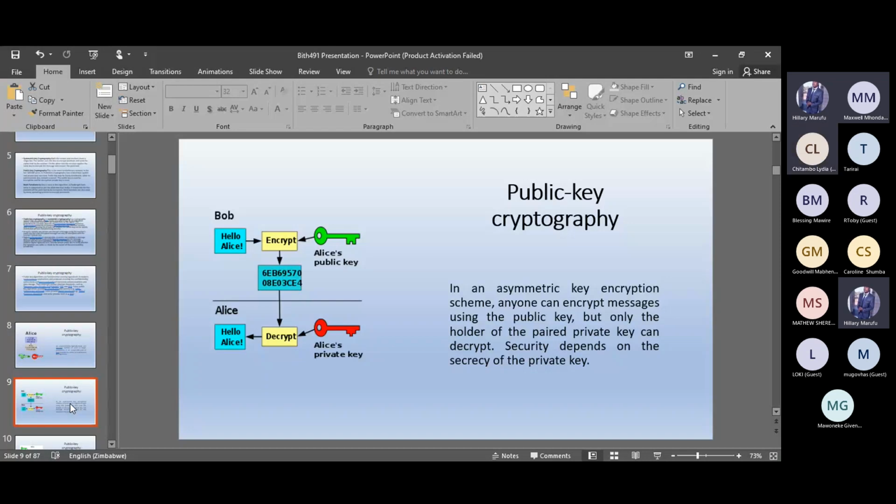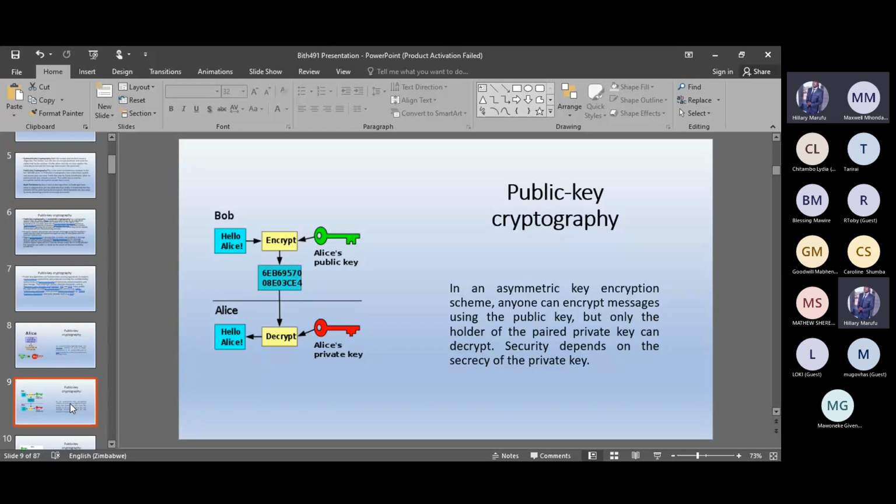So this is what we're saying. Bob encrypts the word, let's say, Baba. Alice's public key is known by everyone in the network or in the circle. I use Alice's public key to encrypt Baba. The ciphertext of Baba is maybe 1, 2, 3, 4. But for anyone to decrypt it, they need Alice's private key.